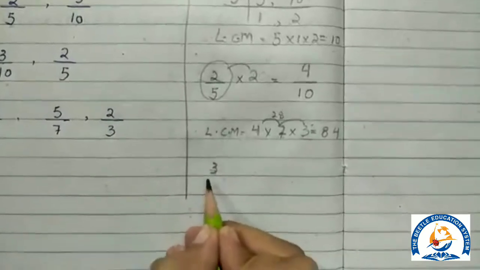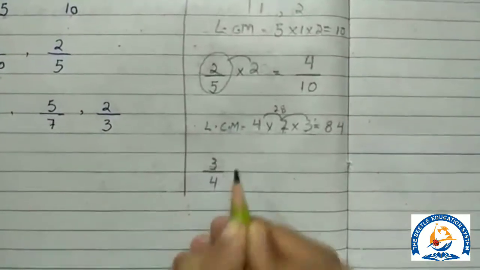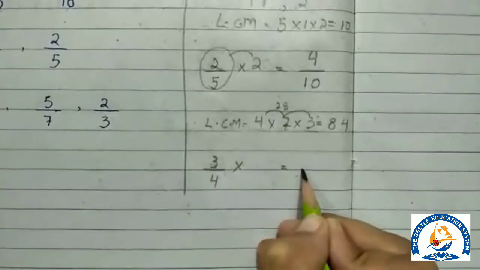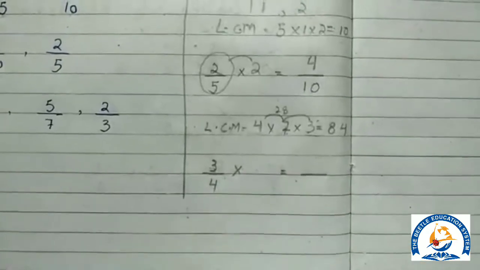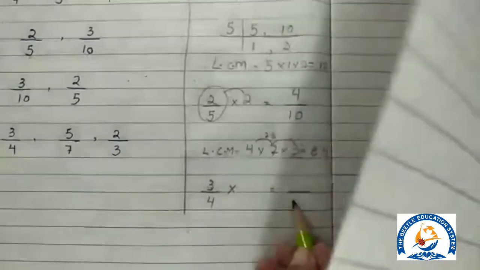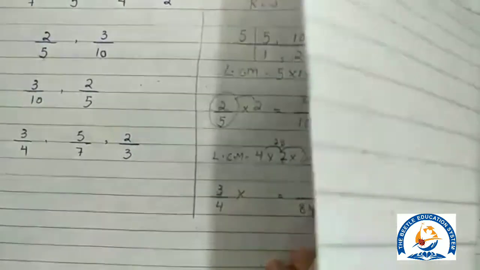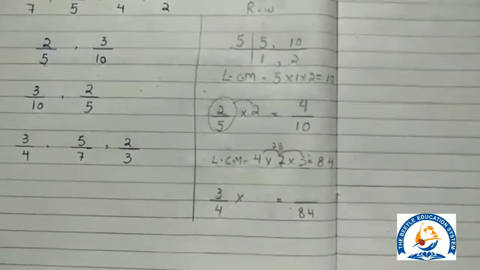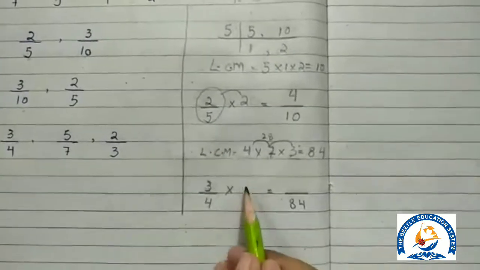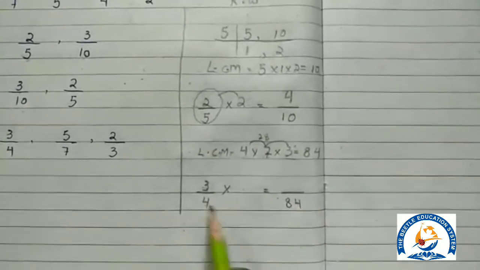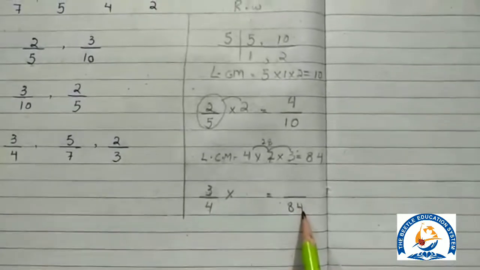The first fraction is 3 upon 4. We want 84 in the denominator. So we have to multiply the whole fraction with a number to get 84 in the denominator. So how can we get 84? Here in ones we have 4.